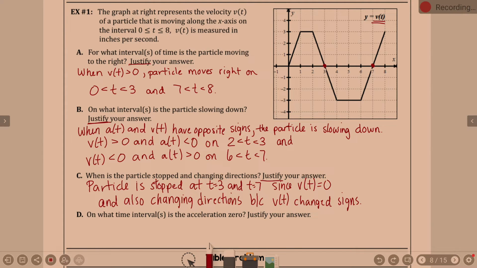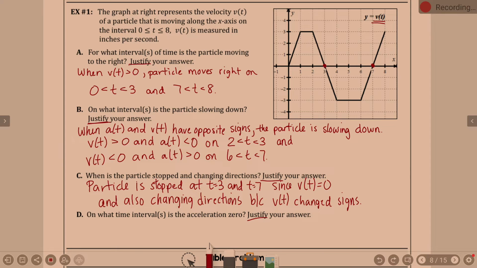Okay, and do you know how to answer the last one? On what time interval is the acceleration 0? And of course, again, because you just love to justify your answer, when is acceleration 0? So what is that in words? v of t is the same, like your state's consistent.